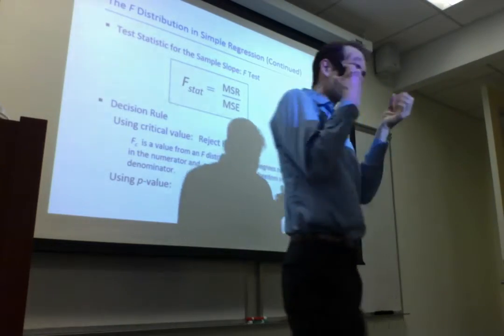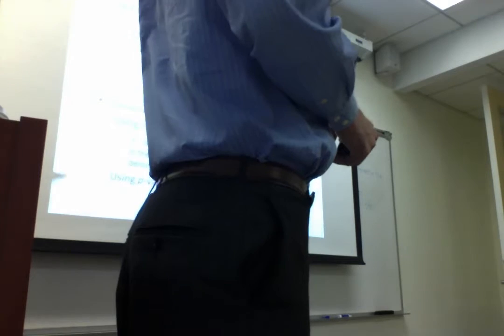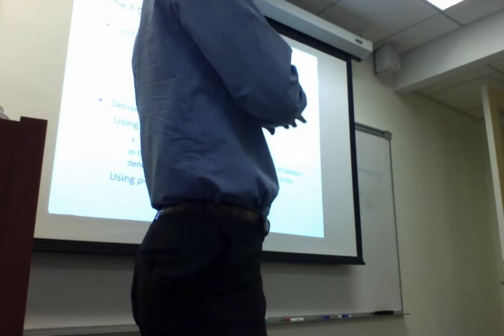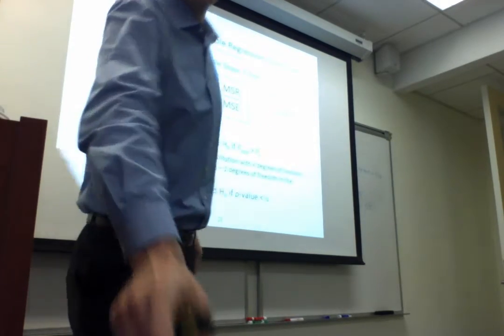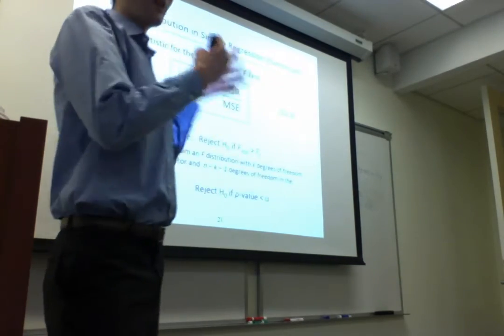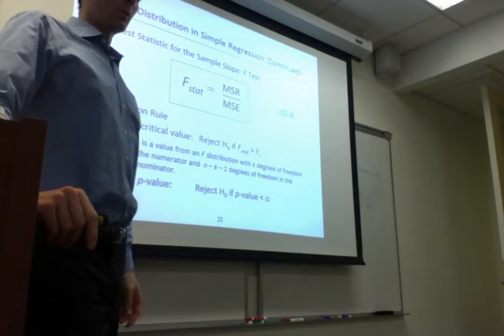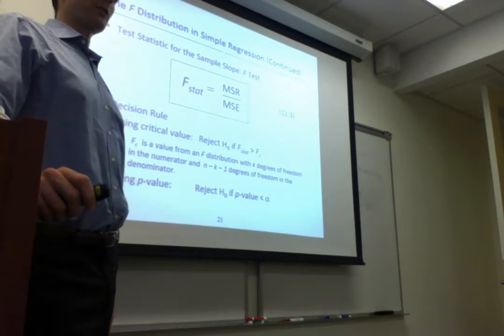Low p-value means that is so unlikely to happen by chance that you would have a mean square regression that high compared to a low mean square error. That means you must have found two populations where you have different variation, meaning in your world where you created this regression equation, you have less variation, which means you have strong predictive value.